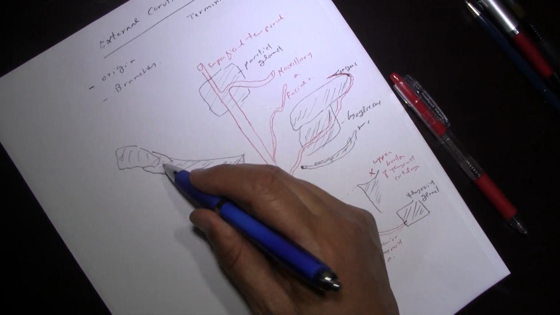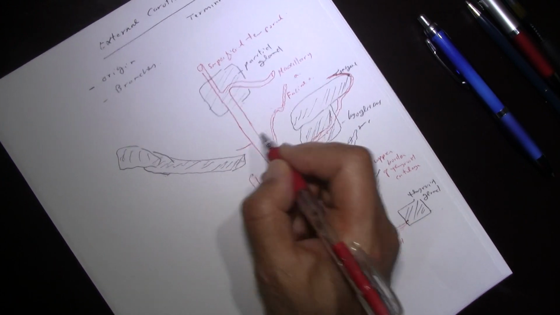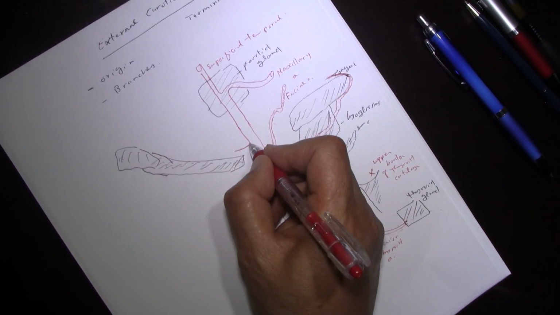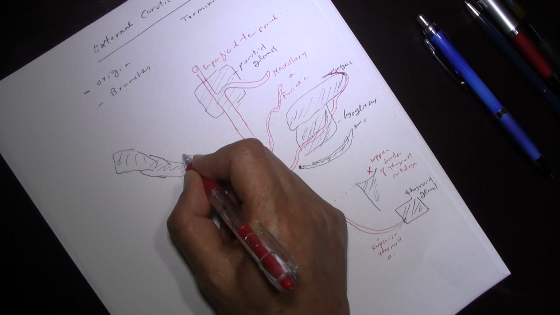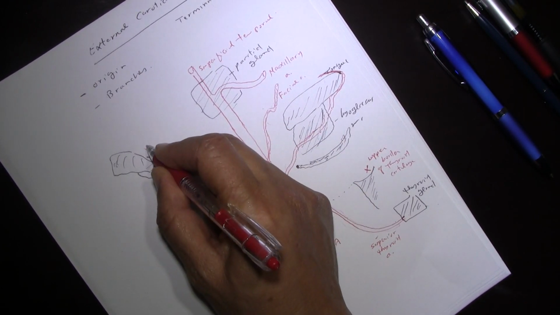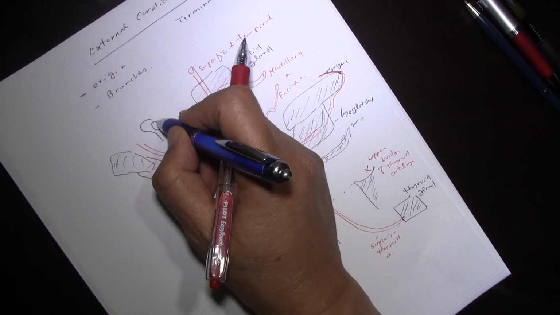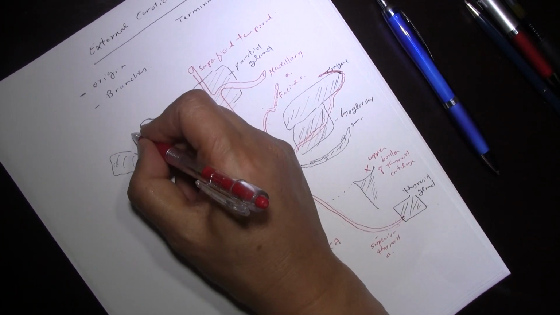So I am cutting it here, and just to show you that we have two branches from posterior surface of the external carotid artery. When it ascends above the posterior belly of digastric behind the auricle, this is the auricle, this is the posterior auricular artery.